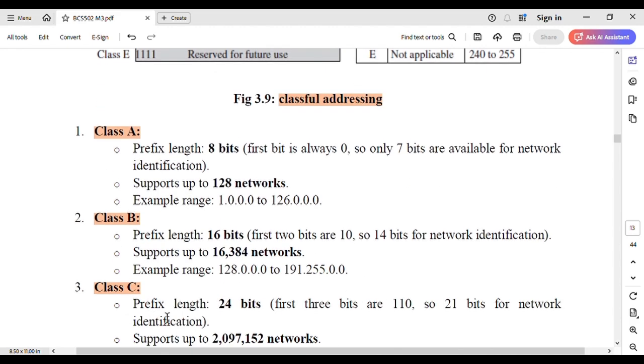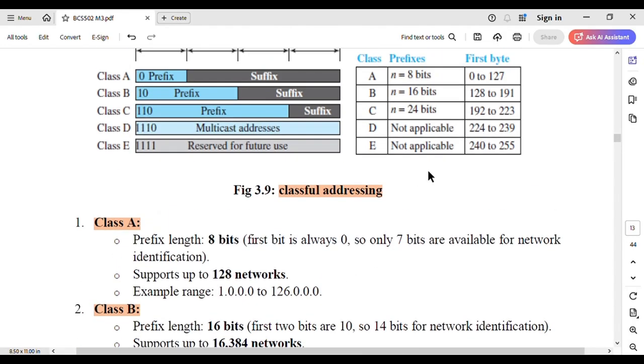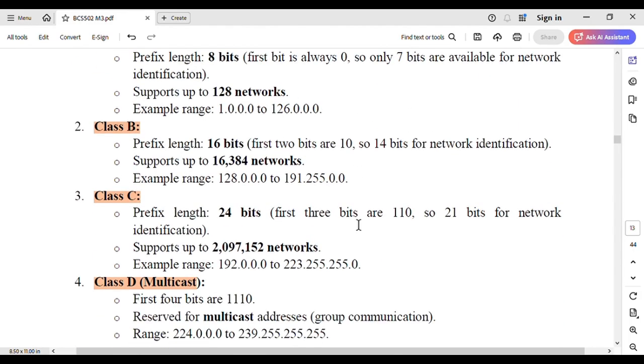Next, class C has a prefix length of 24 bits. The first 3 bits are 110, and the remaining bits are for network identification. Example range: 192 to 223.